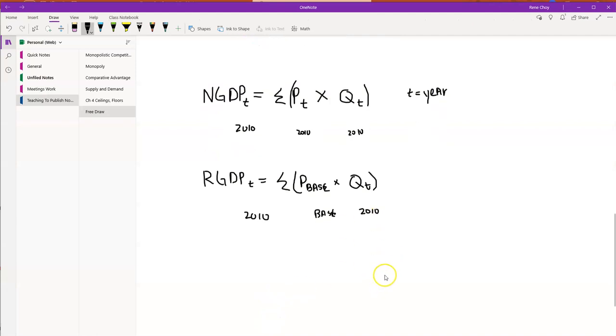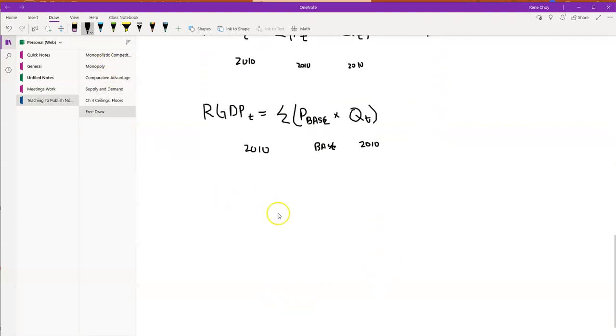So the GDP deflator is nominal GDP divided by real GDP times 100. That's what we call the GDP deflator.